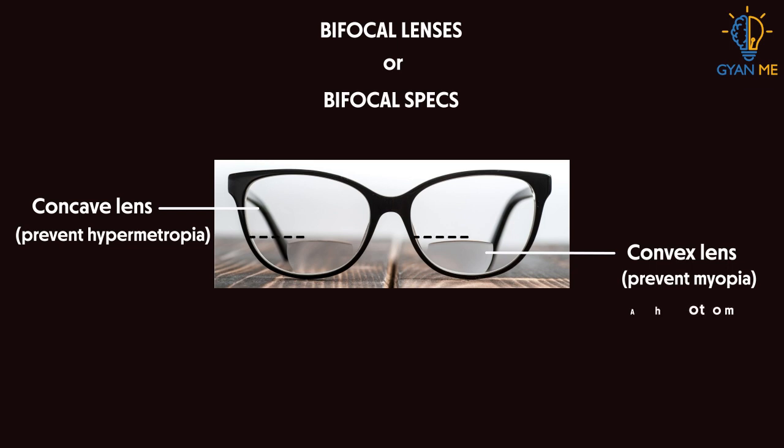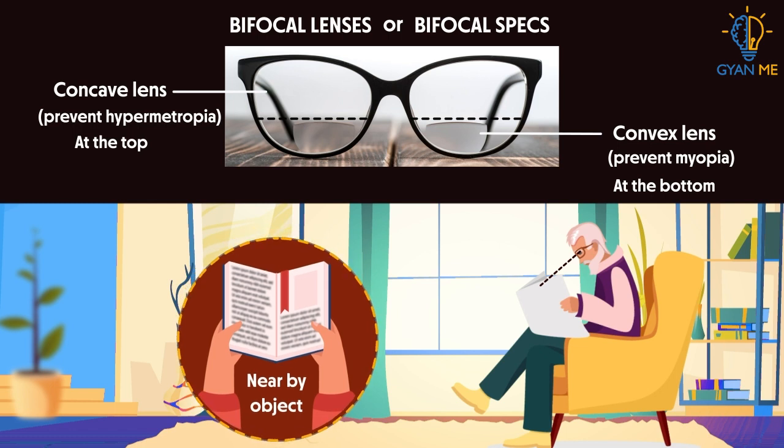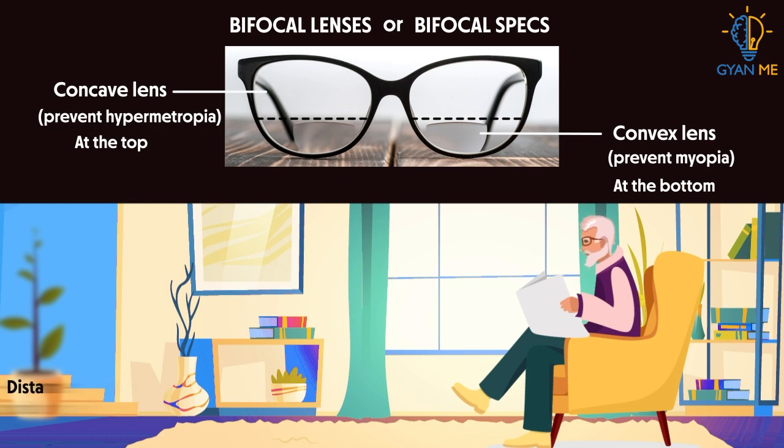The bifocal lenses or specs have a convex lens at the bottom and a concave lens at the top like this. When you see a nearby object or you read, your eyes are generally lowered. So the convex lens is fitted in the lower region, in such a way that nearby objects seen through it appear sharp and clear. And when we see a distant object, we usually look with our eyes raised or straight.